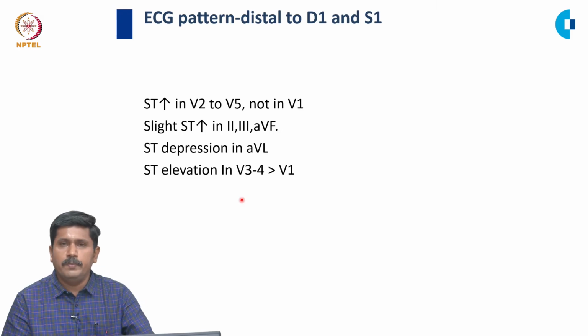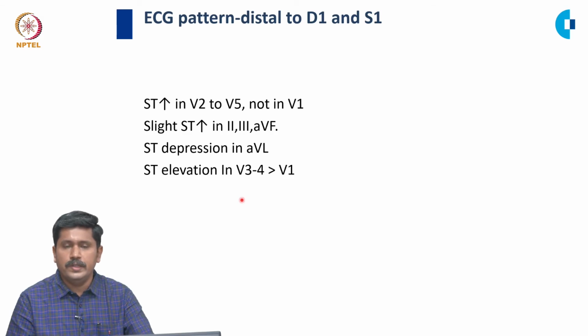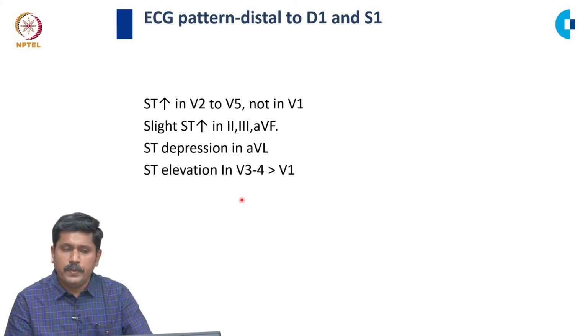So coming to the ECG pattern distal to both the branches, there will be an ST elevation in V2 to V6, but not predominantly in V1. In lead 2, 3 and AVF, a slight ST segment elevation can be there, and ST depression in lead AVL. So here comes the confusion. In a patient with this pattern of ECG, distal LAD occlusion, they have an ST elevation in anterior leads and also an ST elevation in inferior leads.